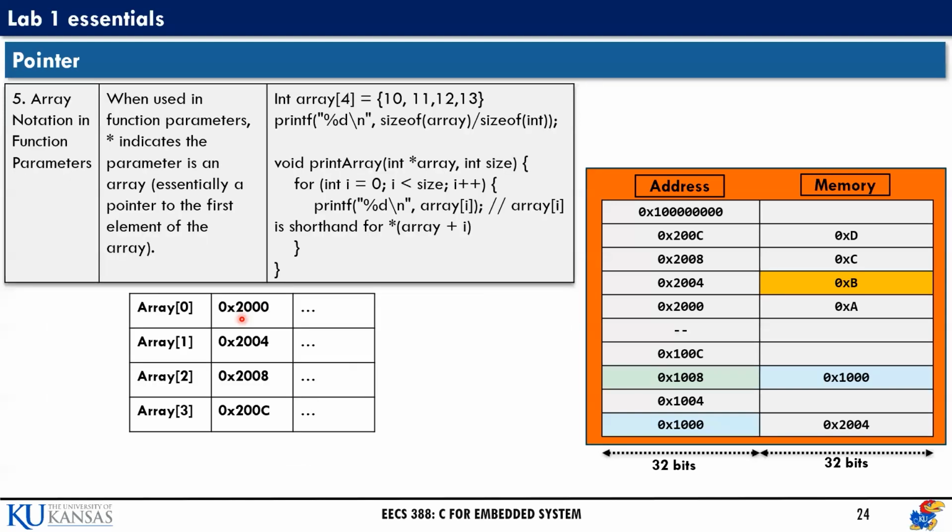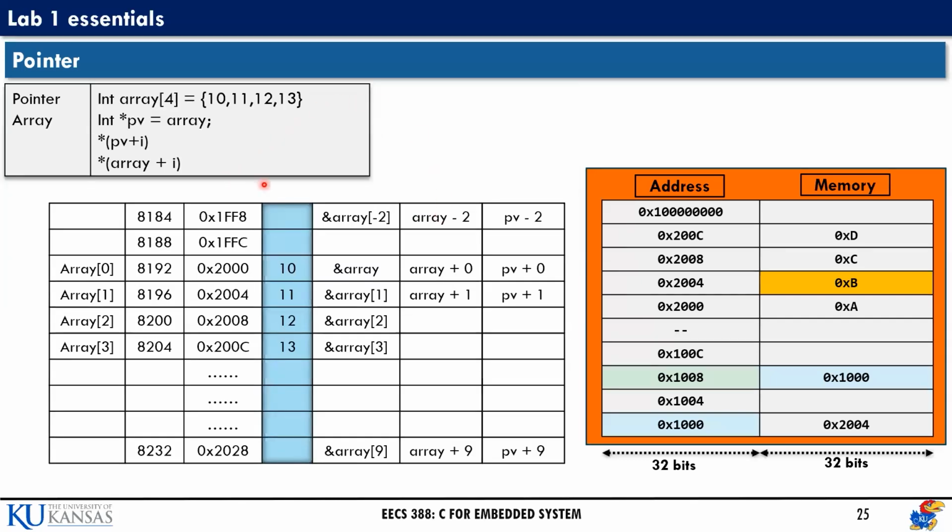Also, we have different use cases of accessing the data using the array pointer. We can use this vector format to access the data from the array, but we can also use a different way of accessing the data.